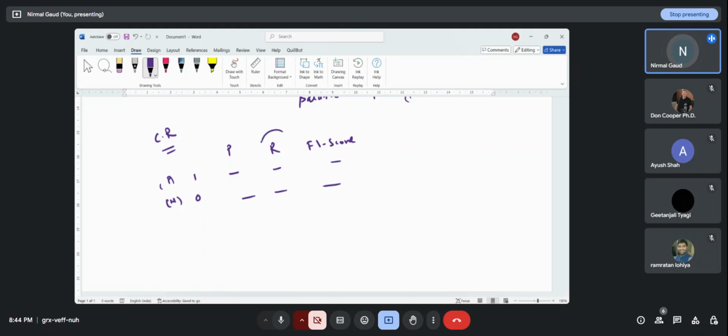If we check the recall for positive, it will let you know that out of total positives, how many positives are detected correctly. Okay. And in recall for negative, it will be true negative upon true negative plus false positive.